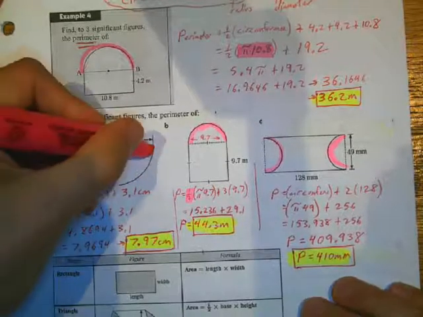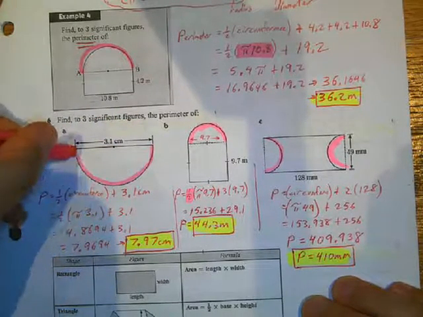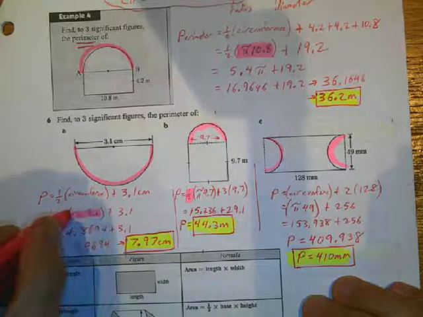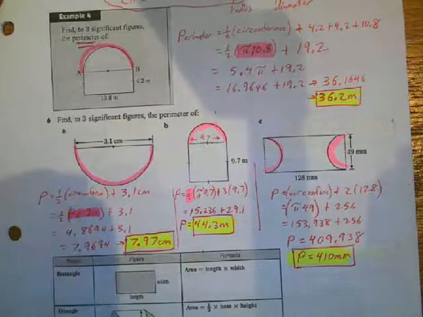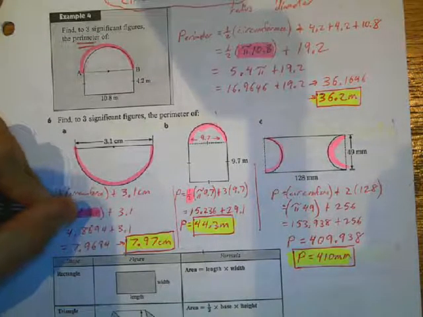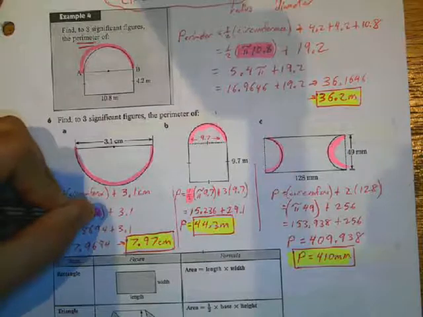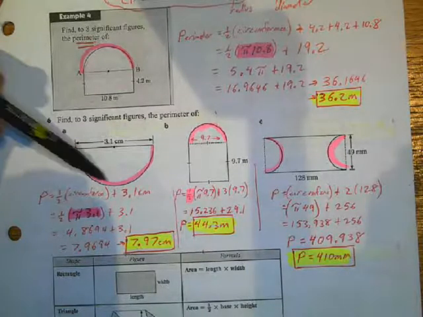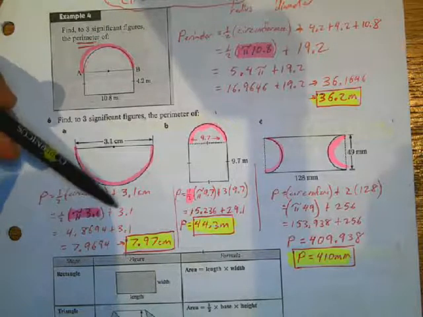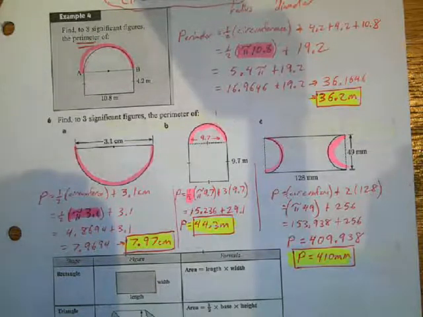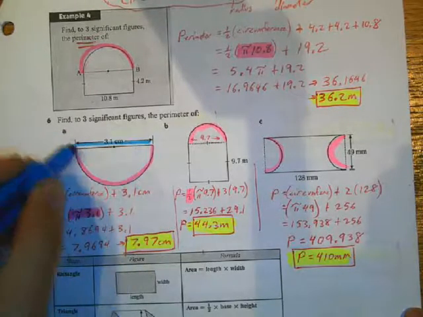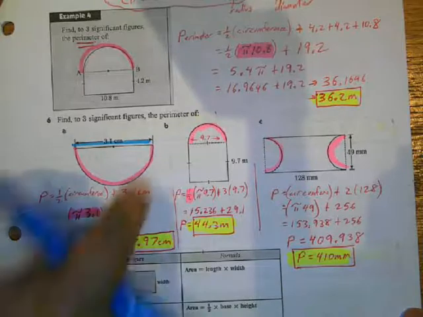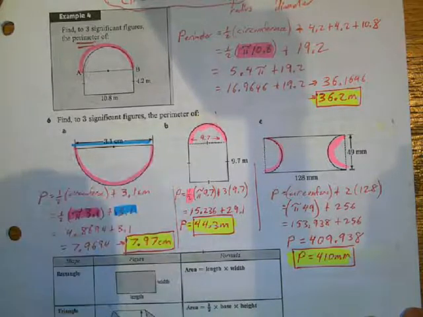So this is half of a circle. We've got pi times the diameter, which is 3.1. And then 1/2 of that gives me half of a circle. And then we add this line here, the 3.1, and adding all of the blue side plus the pink gives me the total perimeter.